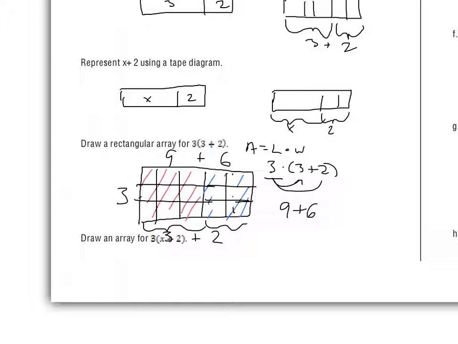So we want to draw a similar array for 3 times x plus 2. Well, we have one side of our rectangle, which we'll label as 3. The other sides of our rectangle, one of them is going to be x, this unknown length, and the other one is going to be 2. So if we think about this, each of these units is broken down into 3 pieces.